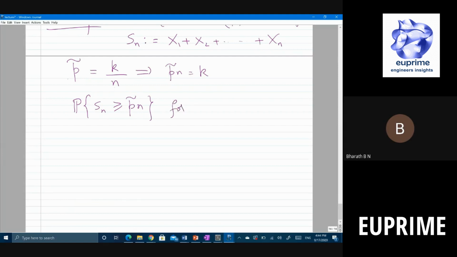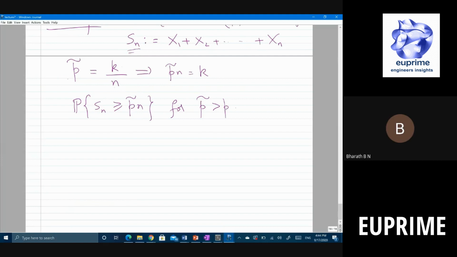For, of course, I'll assume P tilde is greater than P. Okay, so some P tilde. Is that fine? Sir, the sum cannot exceed the total number of heads, right? Because we get a head, then only we move. Correct. So Sn is of the order of, okay, let me put it this way. Sn is the sum.